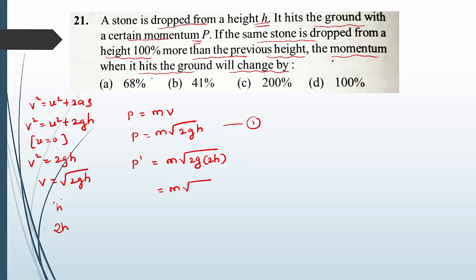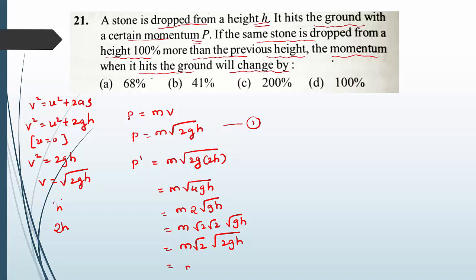So m into square root of 4gh, square root of 4 is 2, so m into 2 into root of gh, or 2 can be written as root 2 into root 2, so m into root 2 into root of 2gh, right?